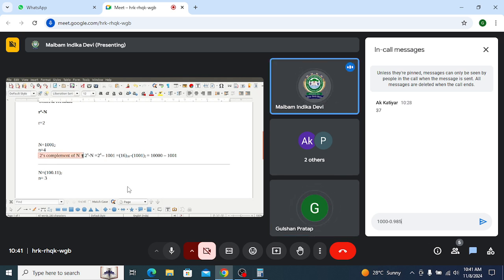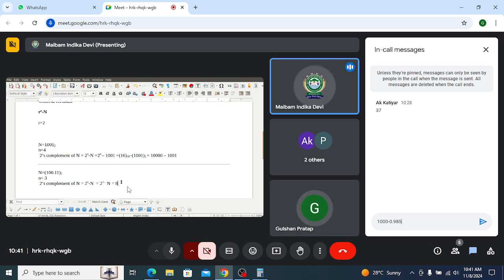So for this question, the two's complement of n equals 2 to the power 3 minus this n. So 2 to the power 3 is 8.